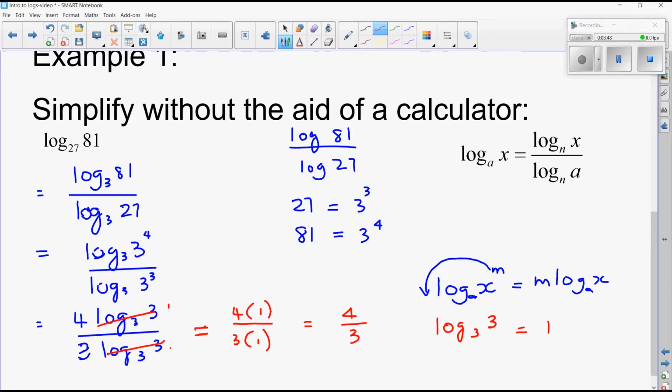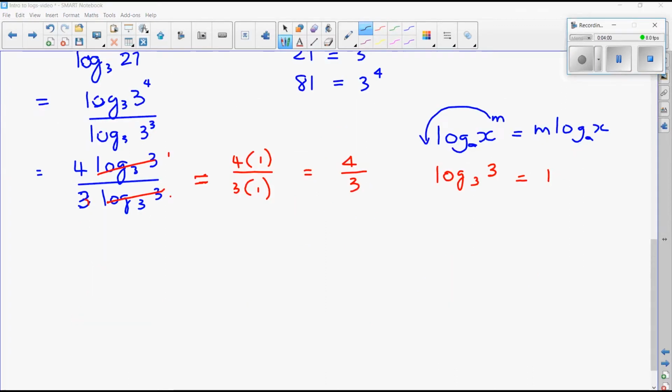So looking at this question, if we had written it as base 10, let's just continue from there. If we had not chosen base 3, but we chose base 10. So then I'm going to write the word or here to show you that this is another way of doing it.